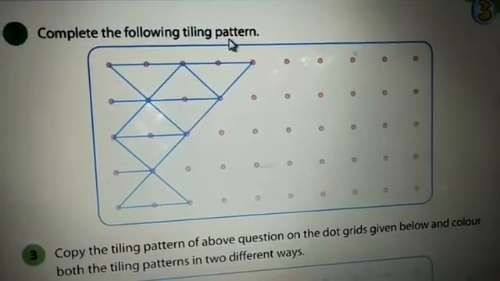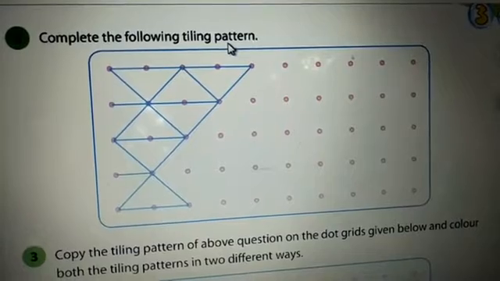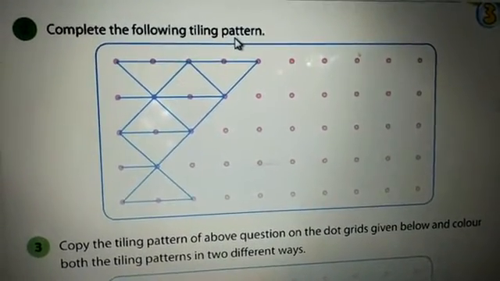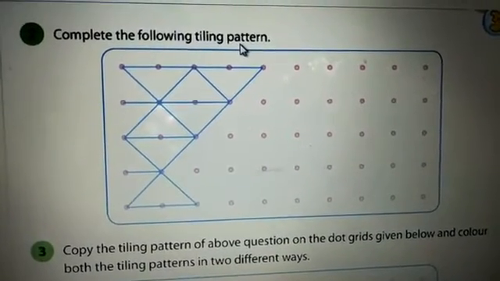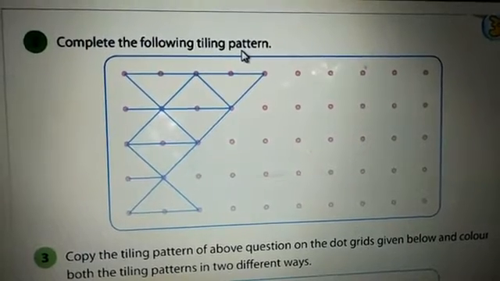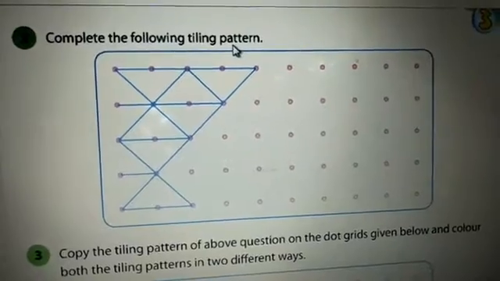As well as take your maths book, and there are some exercises like this. You try to complete that, children. Is it clear? Very good. I hope you complete it and take a snap and send it to me for correction.